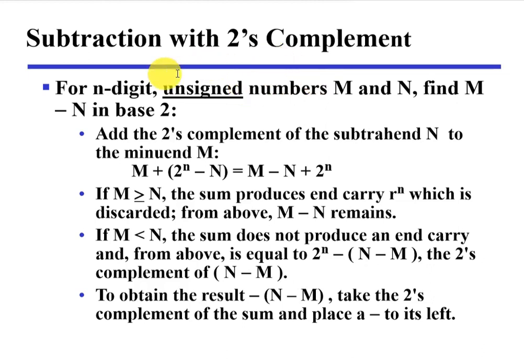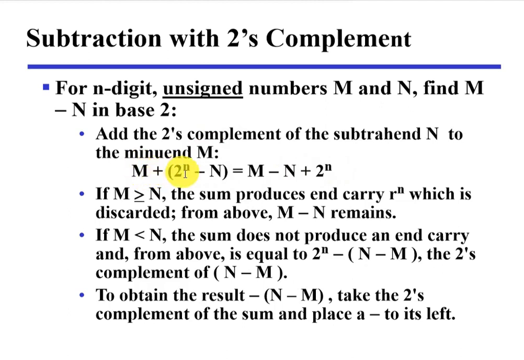Subtraction of two n-digit unsigned numbers, m and n, in binary can be done as follows. First, we add the 2's complement of the subtrahend n to the minuend m. This performs the following operation.